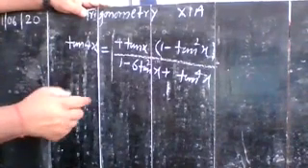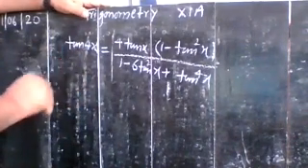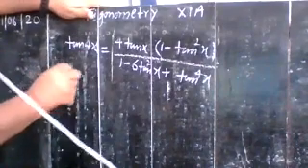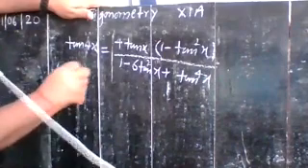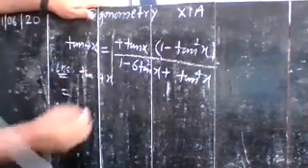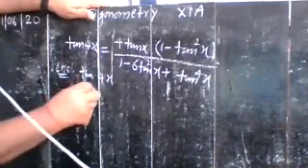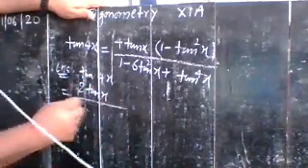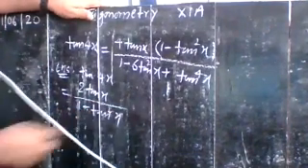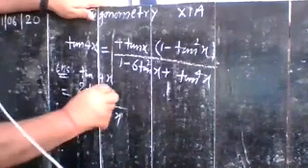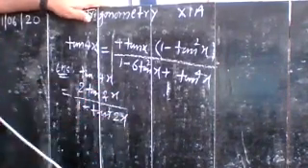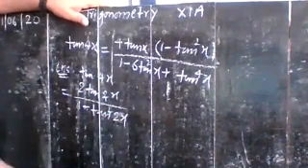Taking the left hand side, tan 4x can be written as 2 tan 2x upon 1 minus tan square 2x, half of the given angle, half of 4x, which is 2x.